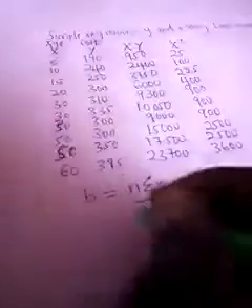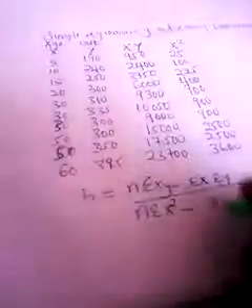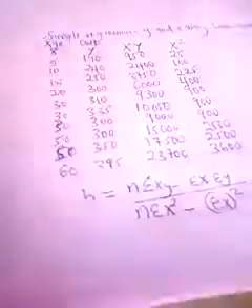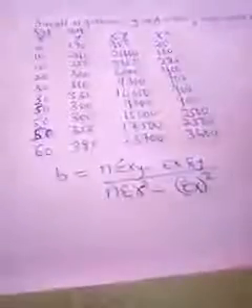Then you divide by n, summation of x squared, minus summation of x, in brackets, squared. That is the formula for getting b.